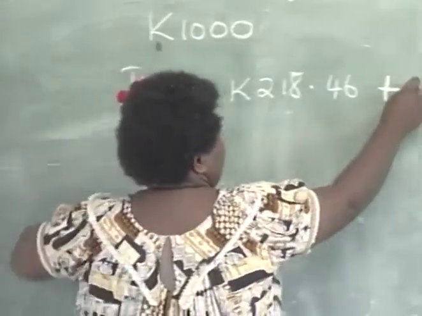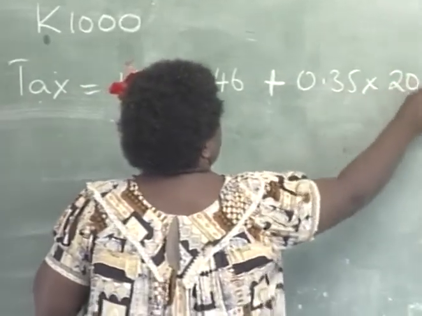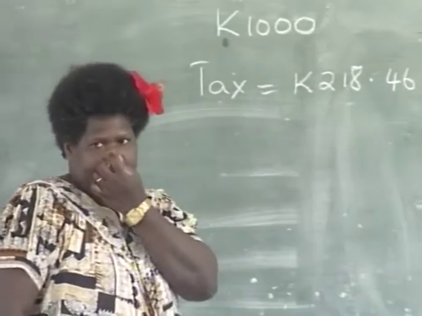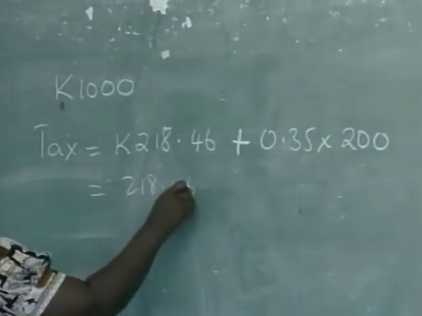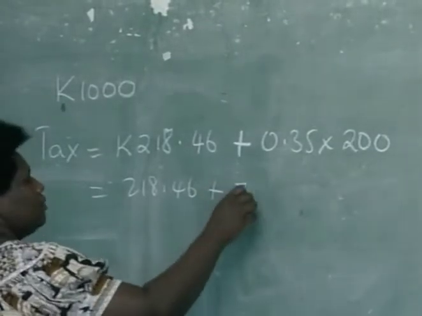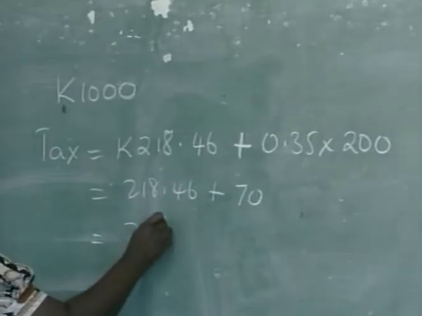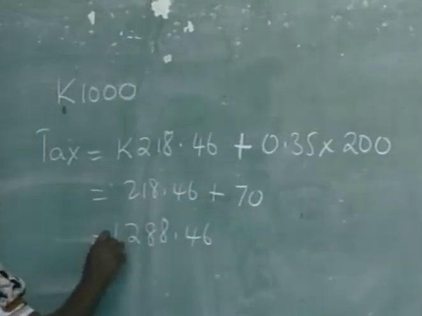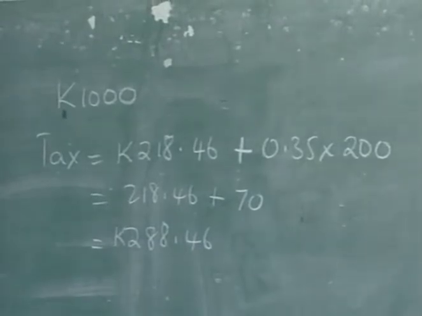So it will be 35 toya times the leftover, which is 200, which is 7 kina? Oh, sorry, 70 kina, which is 288 kina 46 toya.